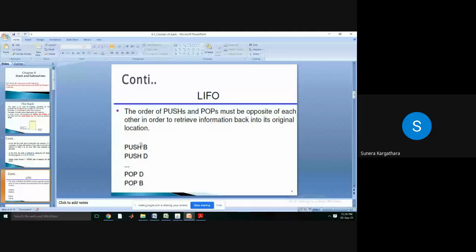But right now, if I write push B, the content of registers B and C will be stored onto the stack.